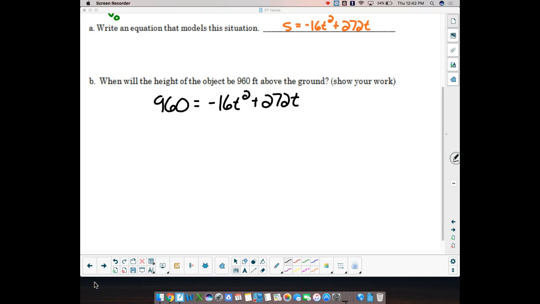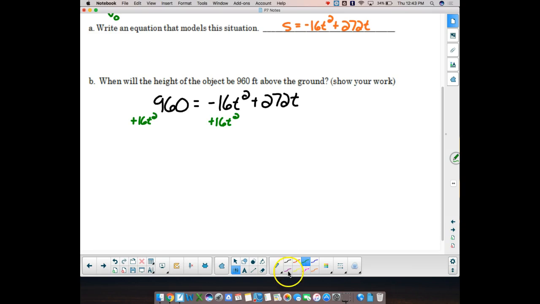Now, you will hear from me multiple times that there is more than one way to skin a cat. It's an old saying. There's more than one way to do a problem. So the way that I'm doing it is not necessarily the way that you did it. But it probably is. This side, I am going to add 16t squared to both sides.